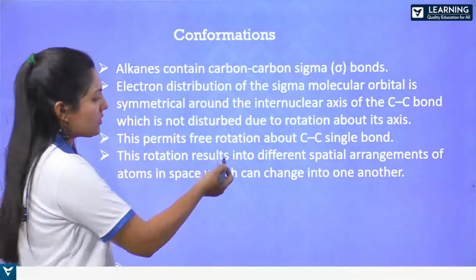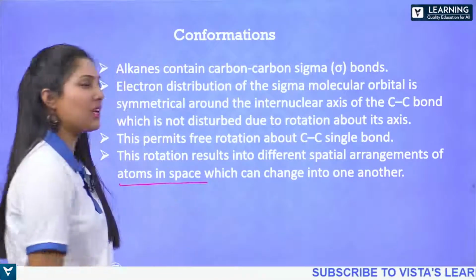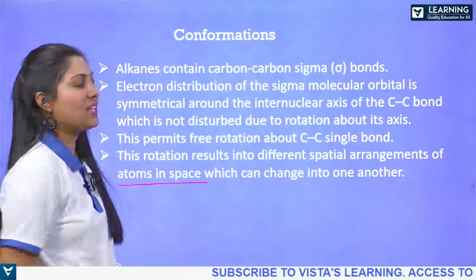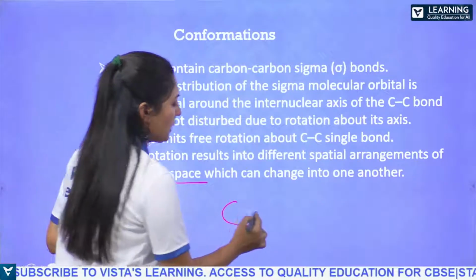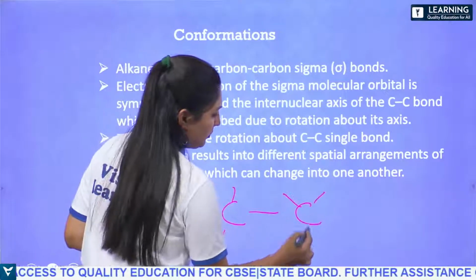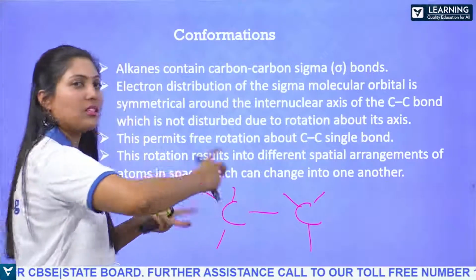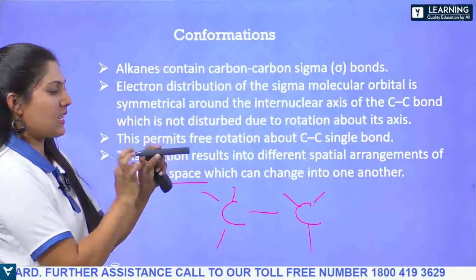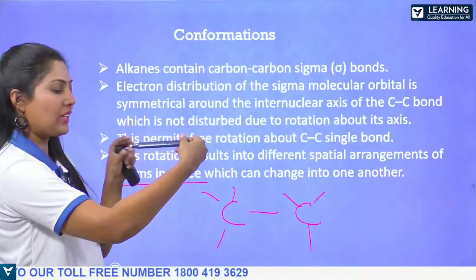That rotation will result in different spatial arrangements of the atoms in space, which can change into one another. For example, if I have one carbon atom, another carbon atom, and all 3 hydrogen atoms present like this, it can rotate on its own axis. When this carbon-carbon bond is rotating, one can rotate and one can stay stable.